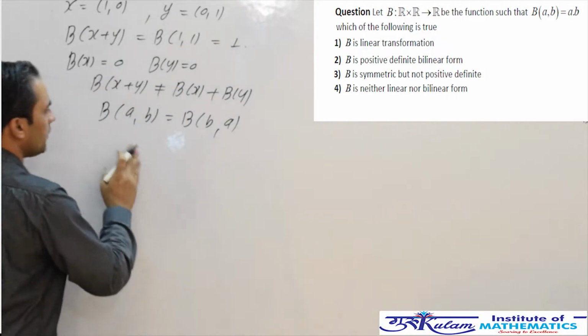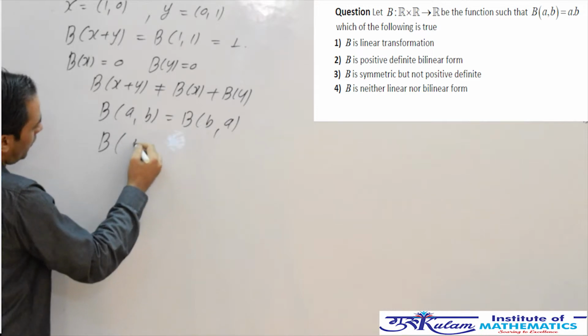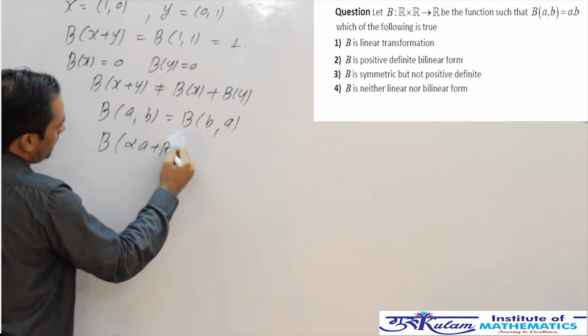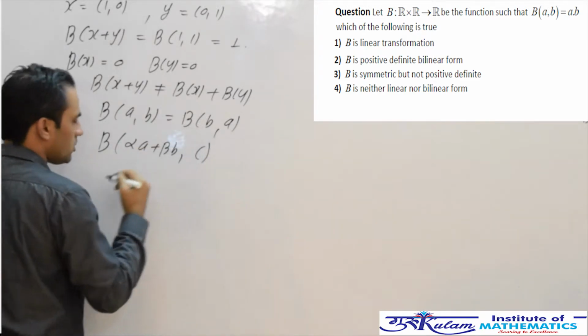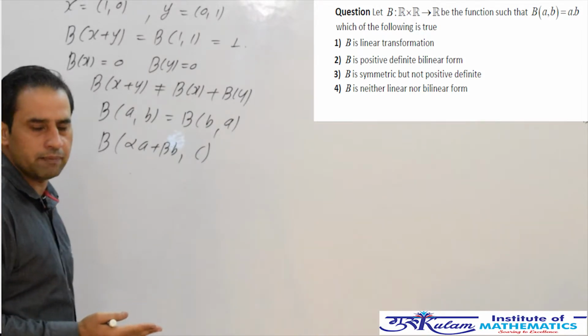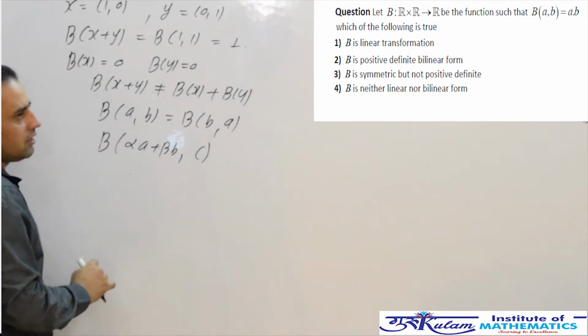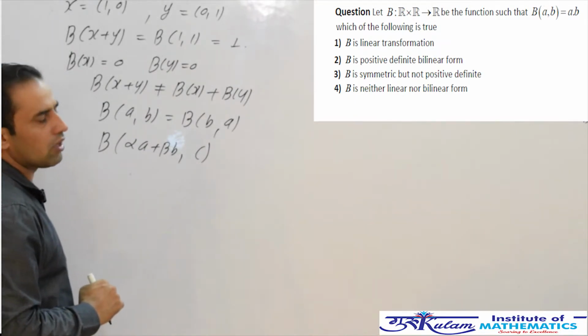So we have to identify just the linearity in the first component. So we check B of (alpha a plus beta b, c), where alpha and beta are real numbers, and a, b, c are also real numbers.